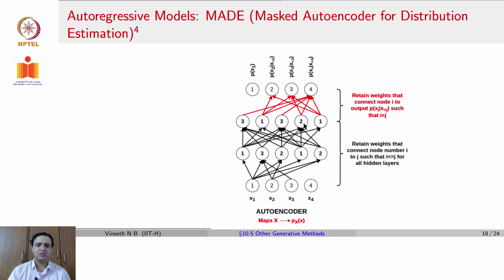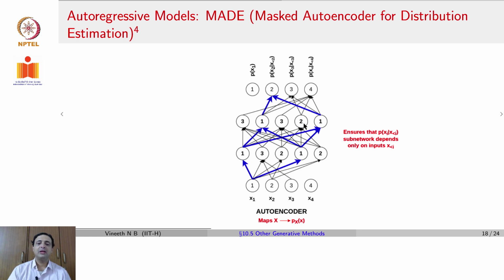What did we achieve through this process? We ensured that if you had p of xi given x less than i, all the other random variables less than that value i, that depends only on inputs less than i.